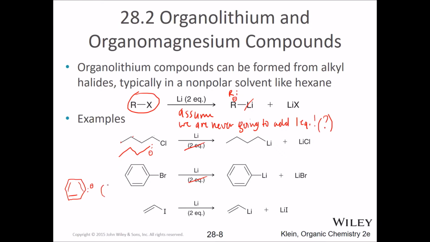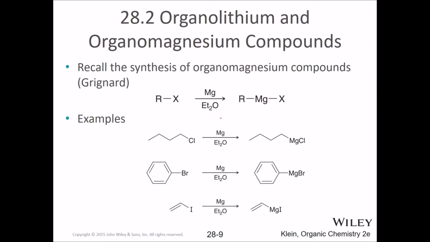Okay, same thing here. All right, so you've seen these before, just reminding you, and the reason why is because the electronegativity of lithium is very low, and so this is essentially like making a nucleophile. You've heard that before. All right, so with magnesium, you get the same thing.